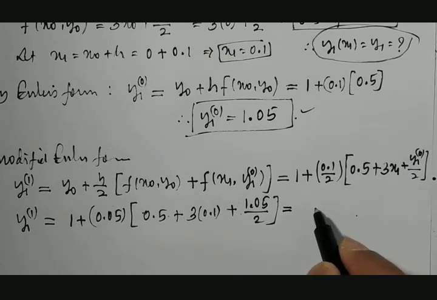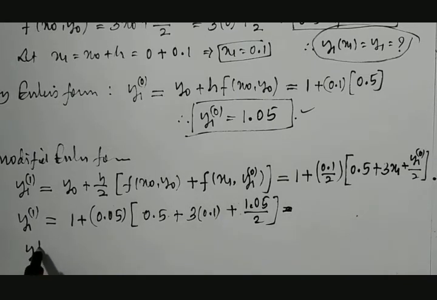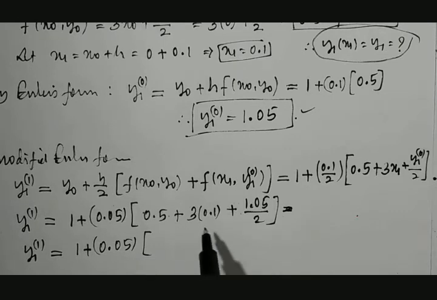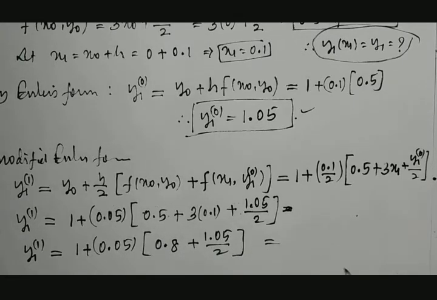So that is equal to 1 plus 0.05 into 3 into 0.1. I'll take this very carefully because this will be our reference step. 3 into 0.1 is 0.3, 0.3 plus 0.5 is 0.8, plus 1.05 divided by 2.